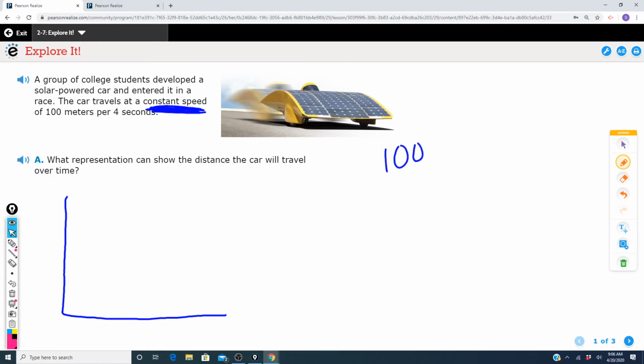If you take your 100 and divide by 4, you will find out that the car travels at 25 meters per second, right? 25 meters per second. We can then take that and transfer it over to a graph.